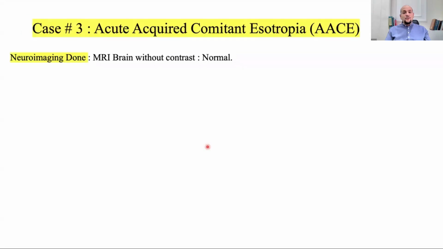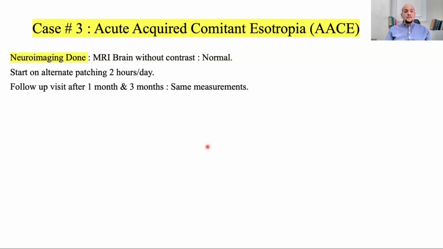So the parents were very stressed about their child. So I ordered MRI brain without contrast just to make sure there is no neurological problem underlying, and it came to be normal. I started the patient on alternate patching 2 hours daily to prevent or to decrease the amount of suppression that can happen because of the esotropia.